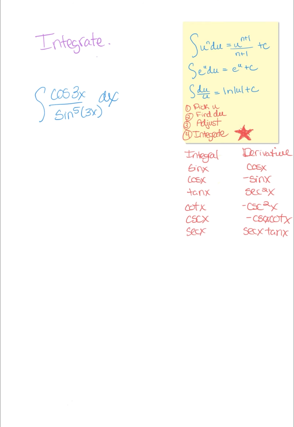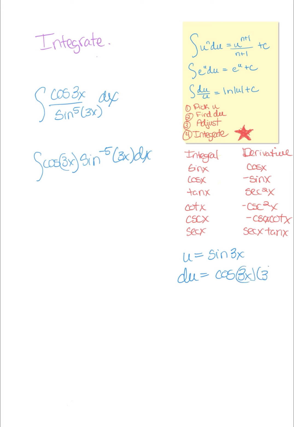Okay, so for this one here, let's go ahead and rewrite this so we can see that we are to a power. So I have sine to the -5th 3x dx. I'm going to set my u equal to sine of 3x. My du will then be cosine of 3x times 3 with respect to x.